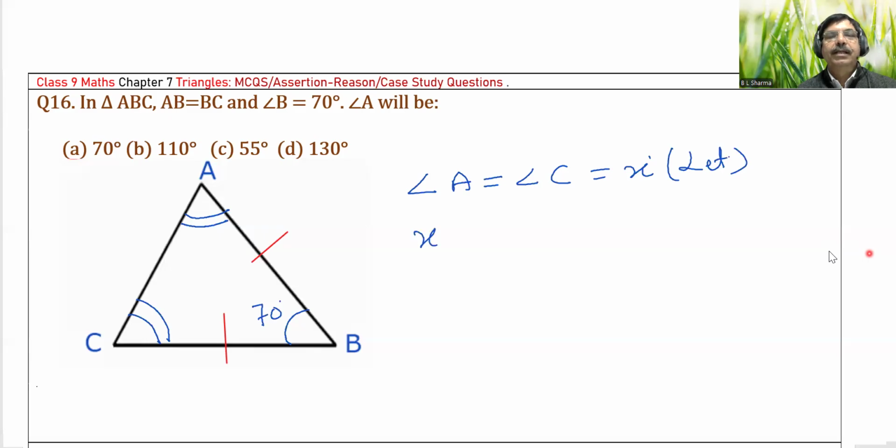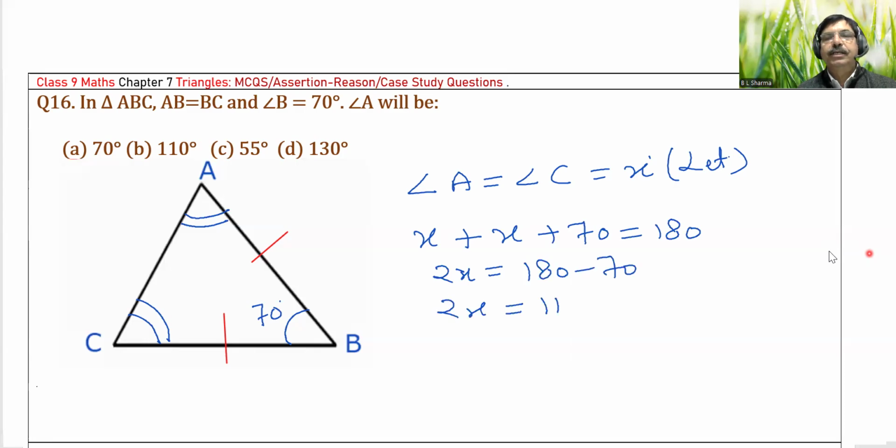So angle A plus angle C plus angle B is equal to 180 degree. So twice of x is equal to 180 minus 70. So twice of x is equal to 110. So x is equal to 55 degree. Angle A is equal to x degree. So angle A is equal to 55 degree, and that's all for this question.